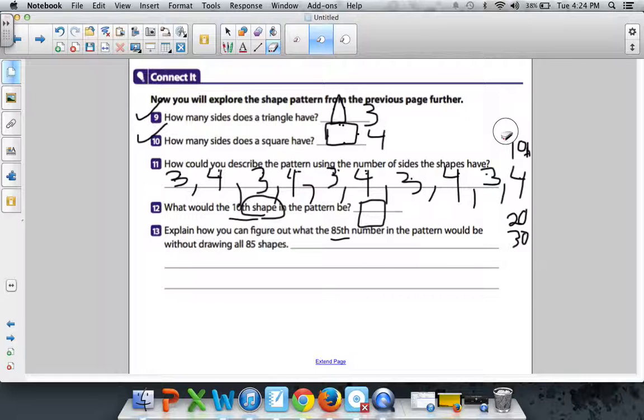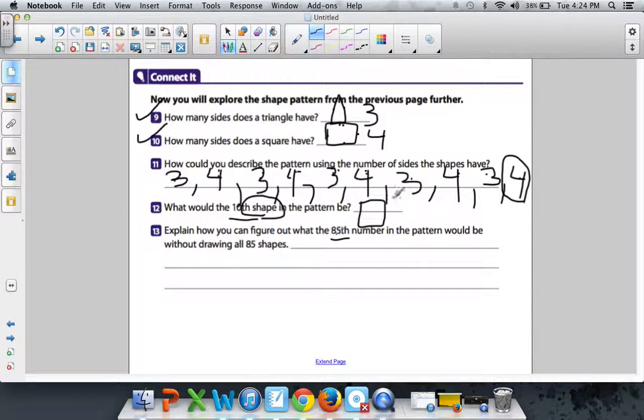So you see what we're doing there? We're skip counting in our pattern. So we know that this 4, if we skip count all the way to the 80th number, like if we kept doing this over and over again 80 times, would still be a 4 because it follows the pattern. They don't want 80th, they want 85.